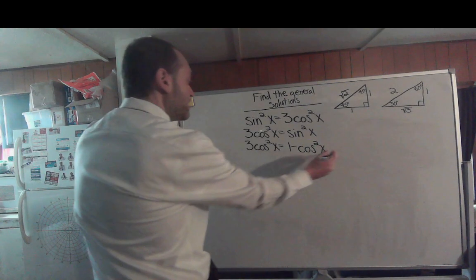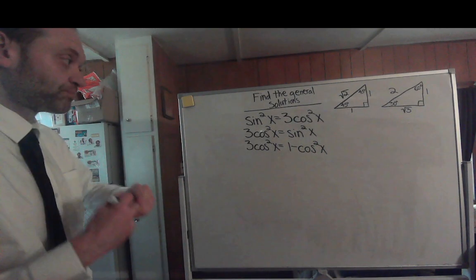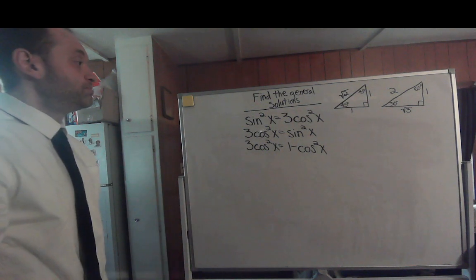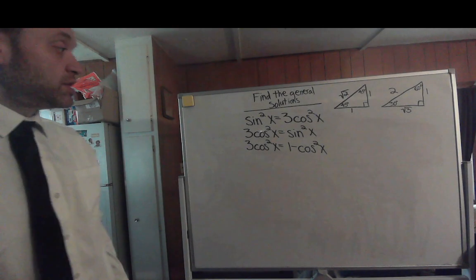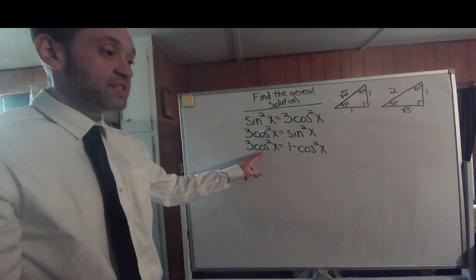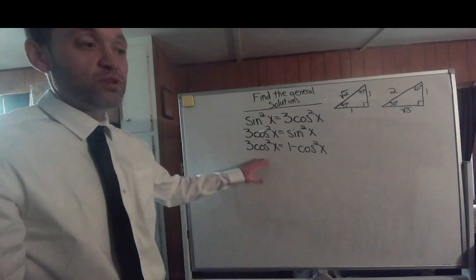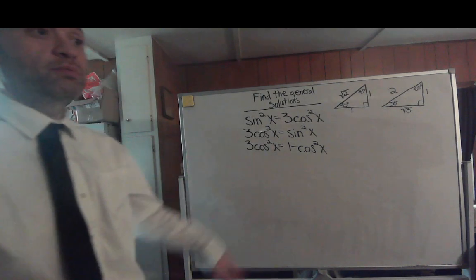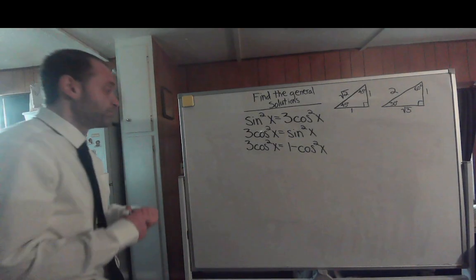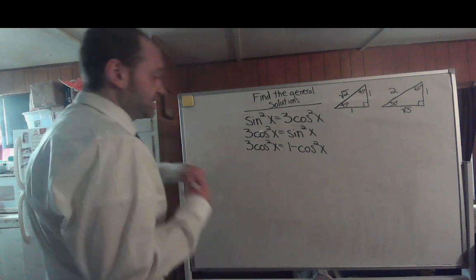You can use your Pythagorean identities. Alright. Well, you could have also gone with the cosine squared equals 1 minus sine squared, but do you want to have that extra multiple of 3? I don't think you do. So this is a lot easier.